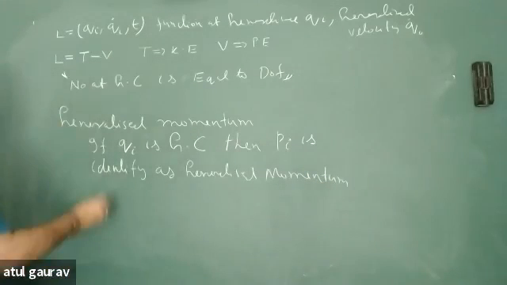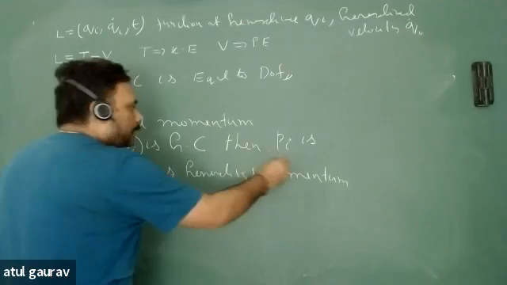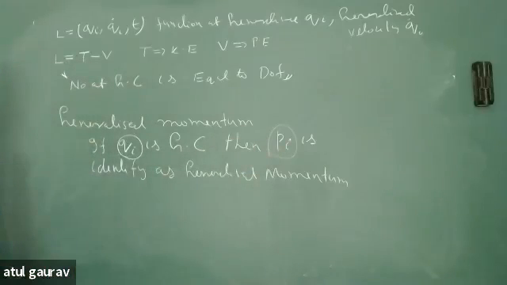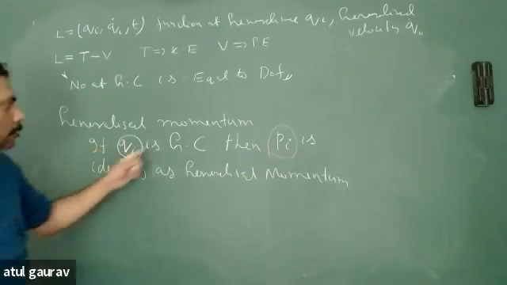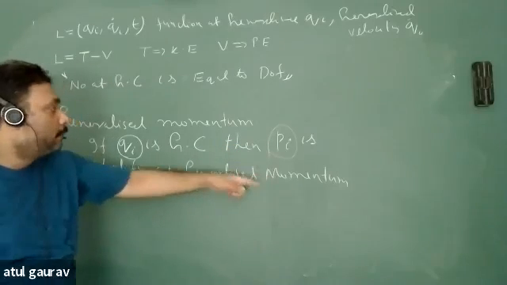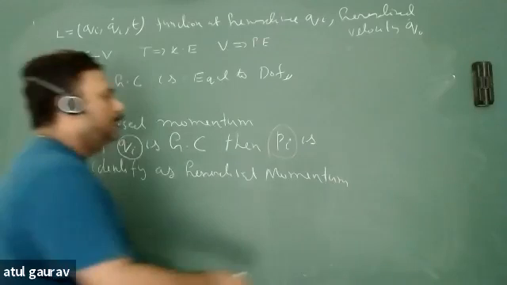Please mind it, this is qi and then you have pi. If this is qj, there is pj. If qi is a generalized coordinate, then pi is identified as the generalized momentum corresponding to qi, or conjugate to qi.